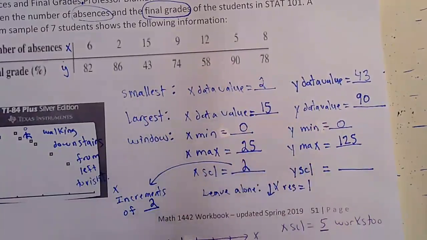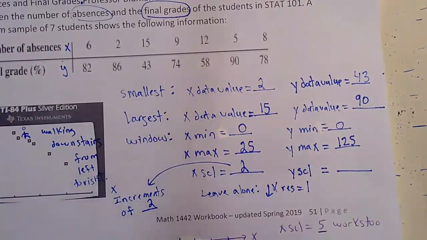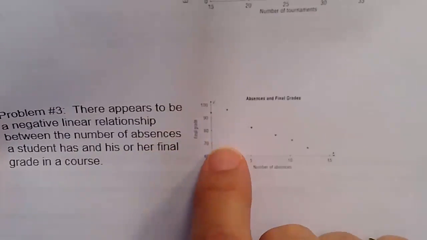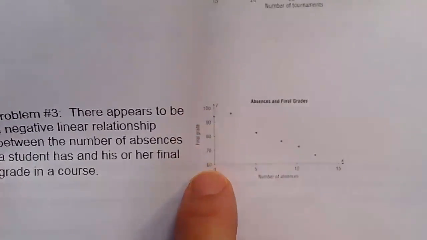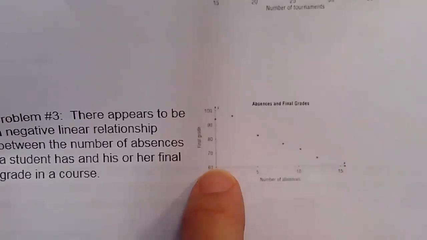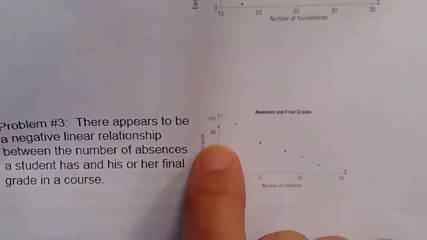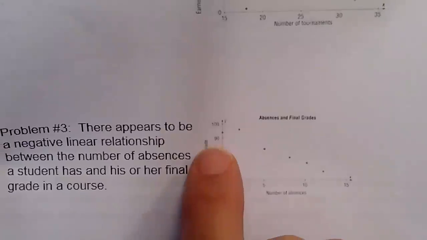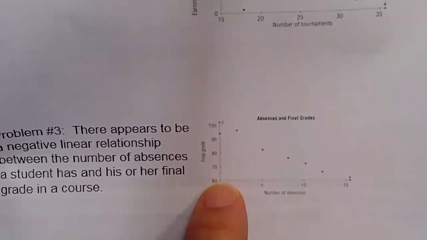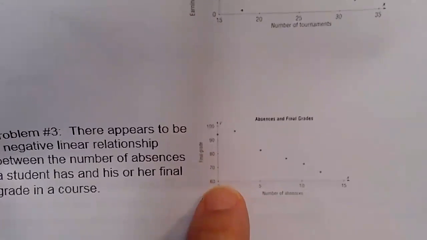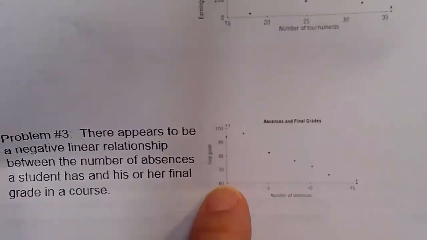If we go back to that other example, we saw that example on page 52, and they have a little answer key there. If you look at this one, it looks like they did increments of 10. See, 60, 70, 80, 90, 100. And right here on the smallest y, they didn't keep it at 0.